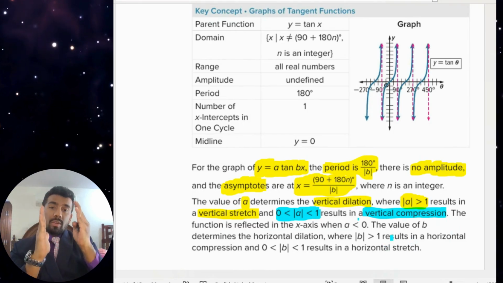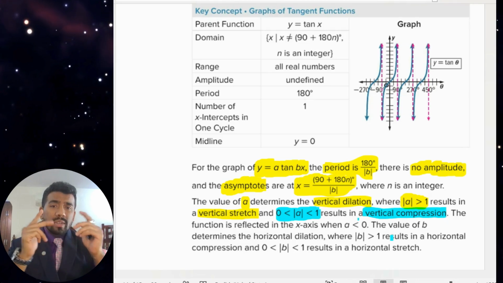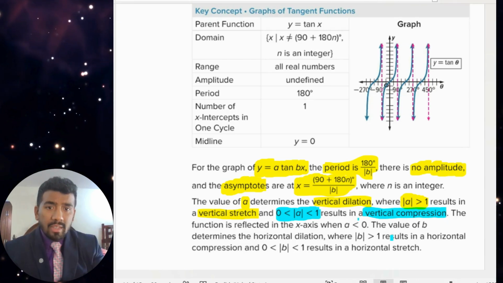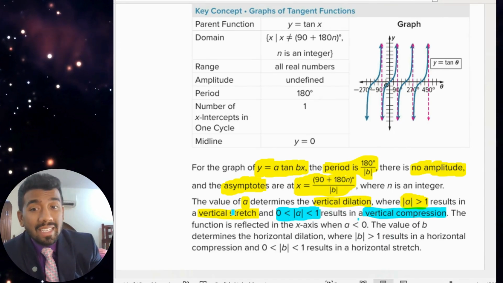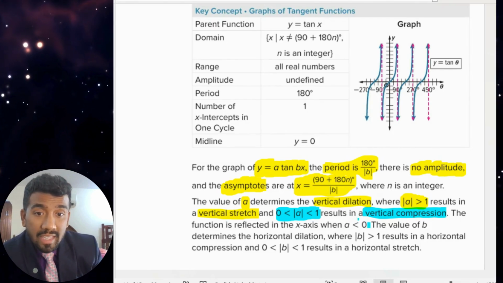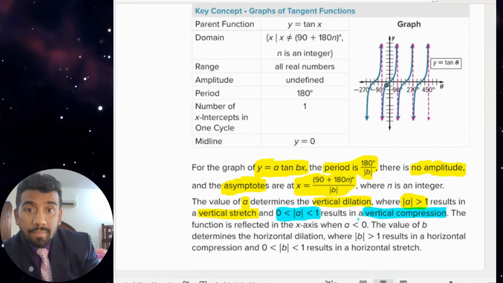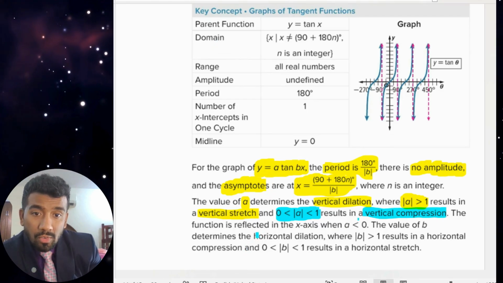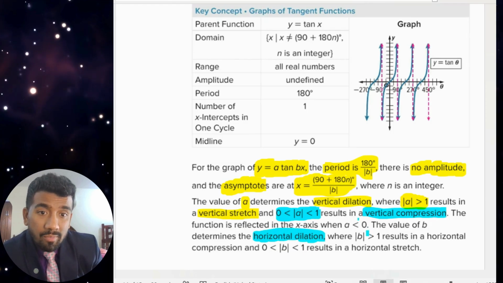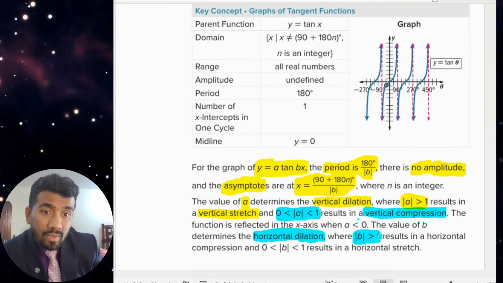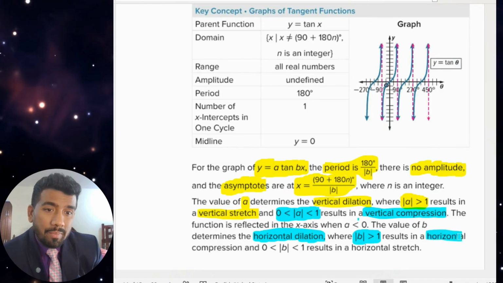Now we can talk about horizontal, but horizontal is totally the opposite of vertical. For vertical, when a was more than 1, it was a vertical stretch. For horizontal dilation, if b is more than 1, it is horizontal compression.